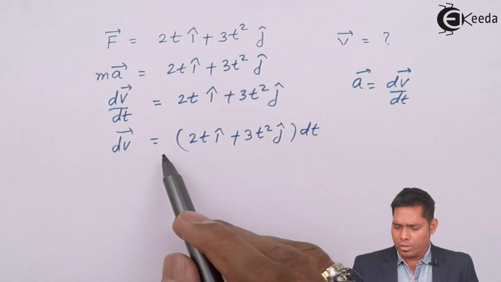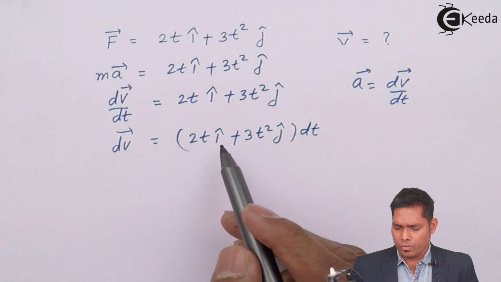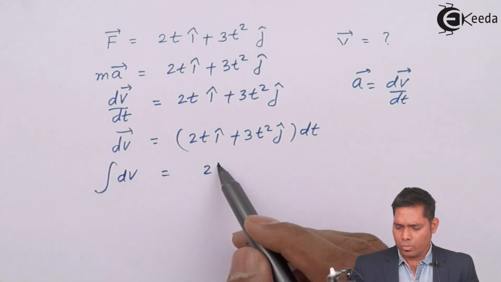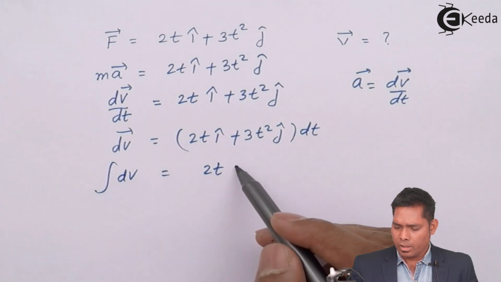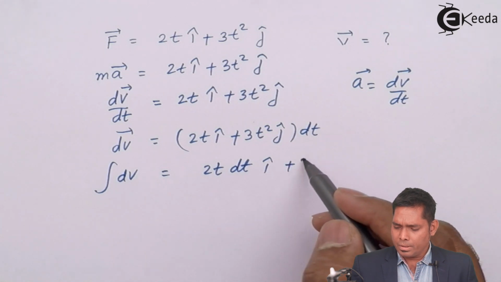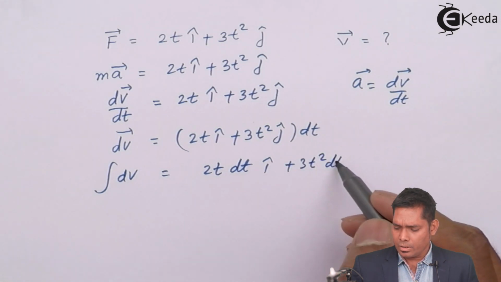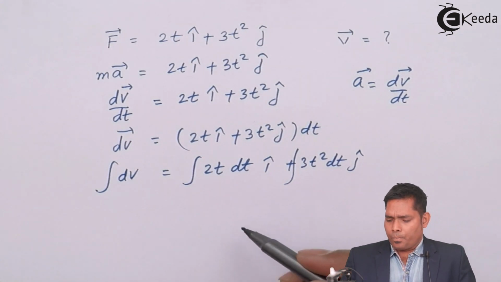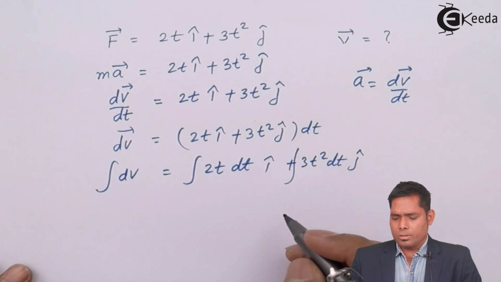If I take integration on both sides of the equation, then integral of dv equals integral of 2t dt i cap plus 3t square dt j cap, on both sides of the equation.